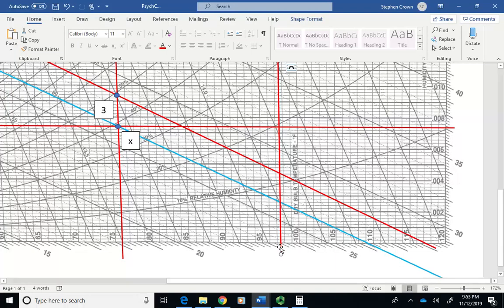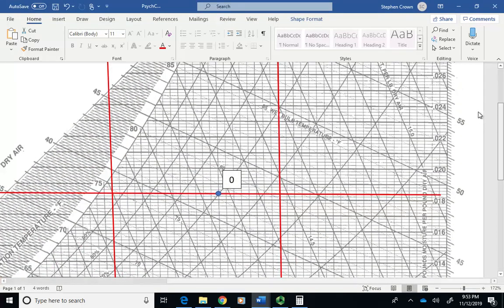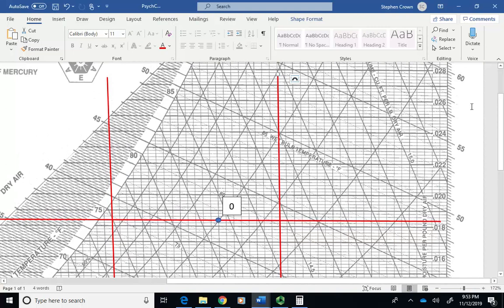Like that. Trying to make those parallel, just so I know that I'm on the same line all the way up. Okay, so that's 98 degrees and 60%.